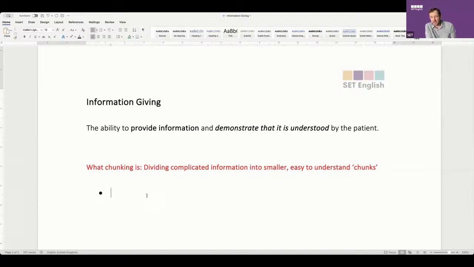You've done it. What kind of things am I expected to explain or provide information about? About treatment, side effects, about the condition. It could be any of these. The condition itself, okay. Anything else?